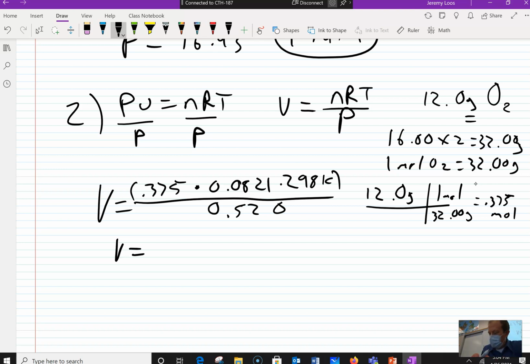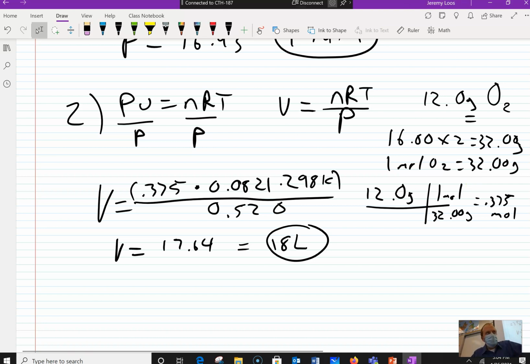It's going to give us an answer in the same required unit, which is liters. So that's going to be about 18 liters.